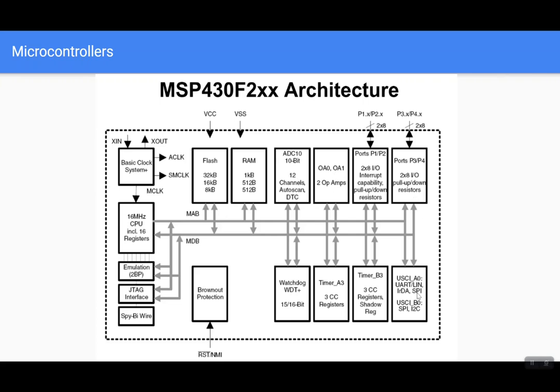So the common blocks which are common to microcontrollers from other vendors, like it can be Intel, it can be ST, it can be Analog Devices, or so many other microcontroller or IC manufacturers globally.